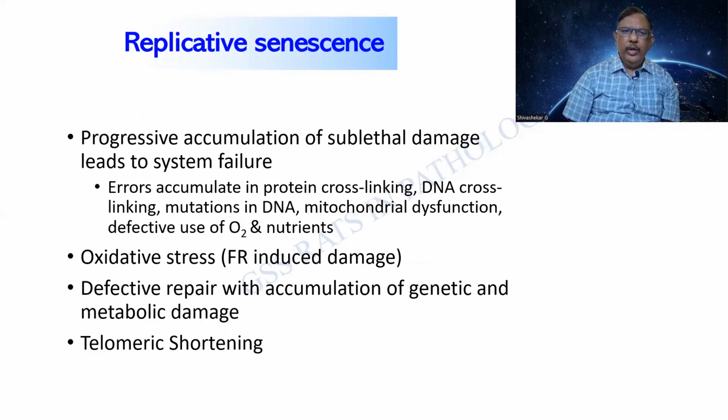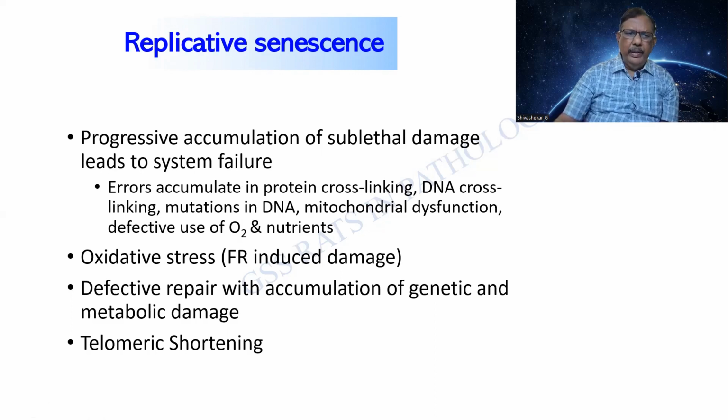There is another thing called replicative senescence. There is a progressive accumulation of sublethal damage. Lethal means it is dead. Sublethal, on the contrary, is a gradual injury and the cell does not die, but it leads to failure of the cell or the system.